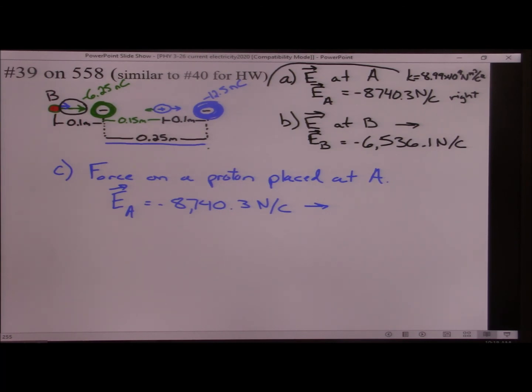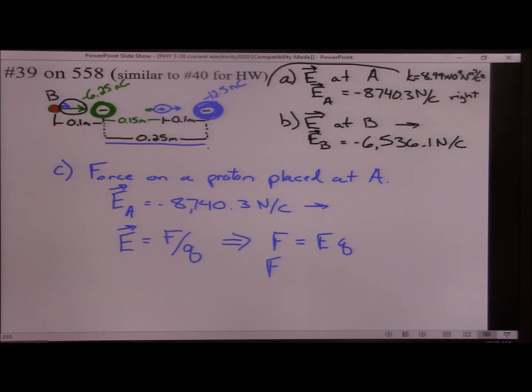Or we could go a lot simpler route and get the exact same answer just by saying, if I know the total electric field at that point, that's going to be equal to the force experienced by an individual charge at that point. Well, we have an individual charge at that point. So by doing a little bit of algebra, we can say that force is equal to field strength multiplied by the charge.